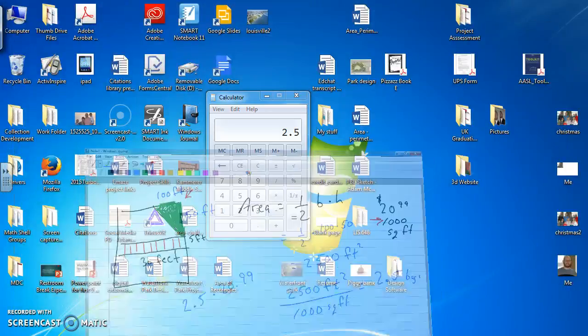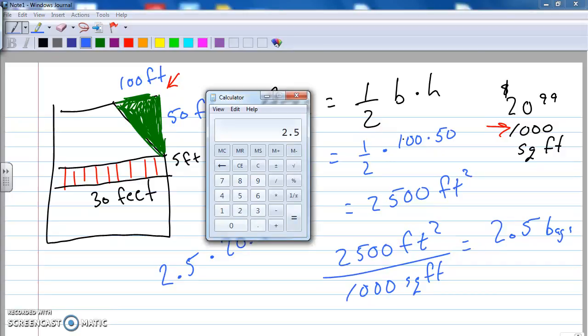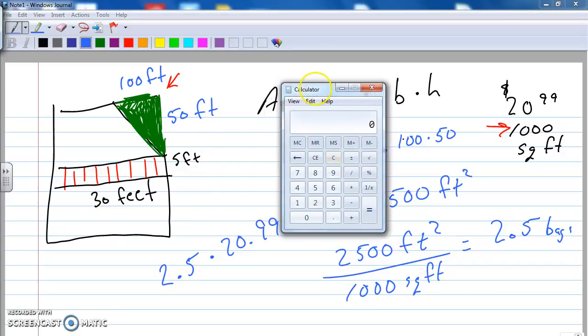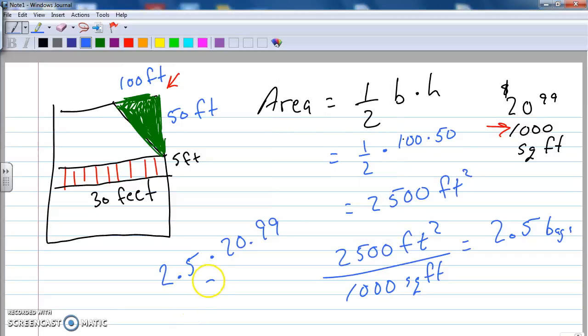Grass seed, whoops, grass seed is not that expensive. $20.99 times 2.5, I come out with about $52 in grass seed. Okay, approximately. Remember, there's our approximate symbol. So about $52.